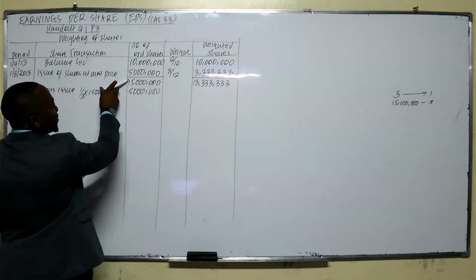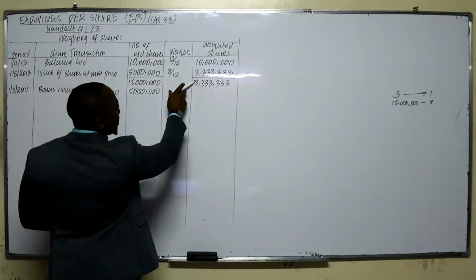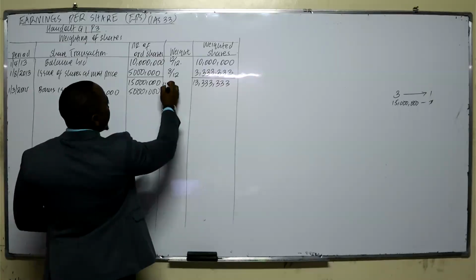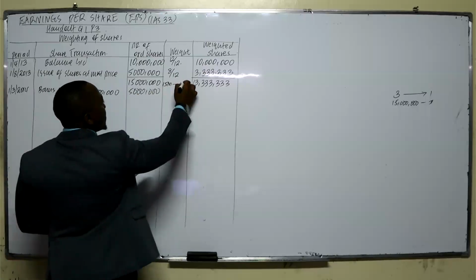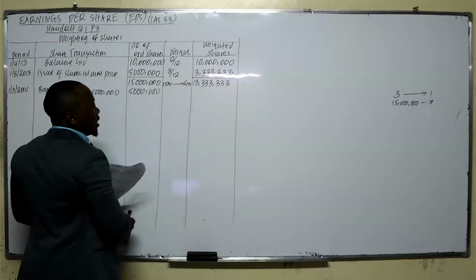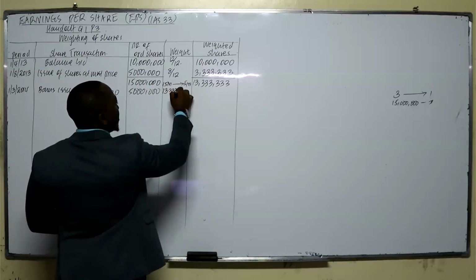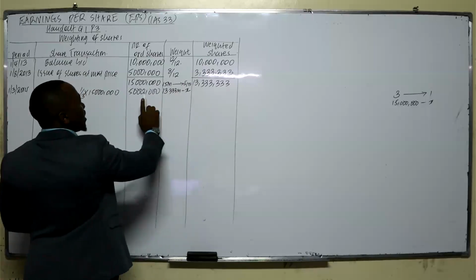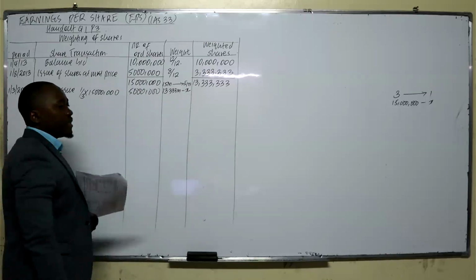15 million got a bonus of 5 million. What about the weighted 13.333 million? They get a bonus of how much? You just cross multiply: 5 million times 13.3 recurring, divided by 15.